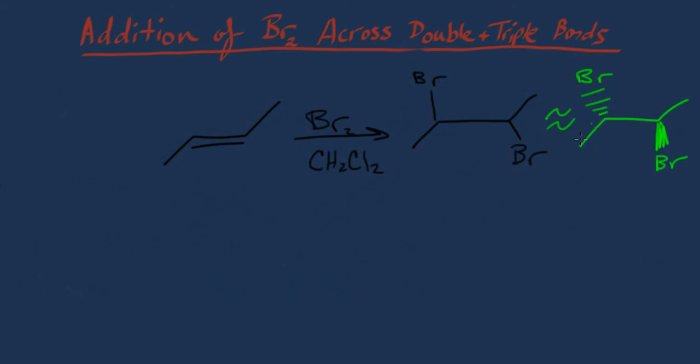You might see this notation to emphasize that these are being attached in an anti-addition manner. As far as regiochemistry goes, well, there is none. That should be pretty obvious because, whichever one we attach first or however we attach them, we're getting two bromines on either side. So we have no concern for regiochemistry for this reaction.